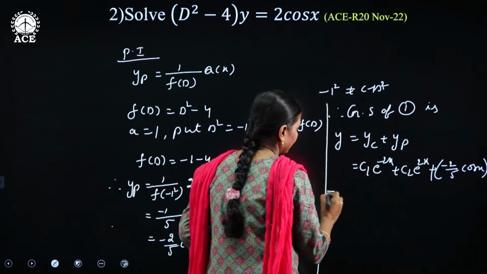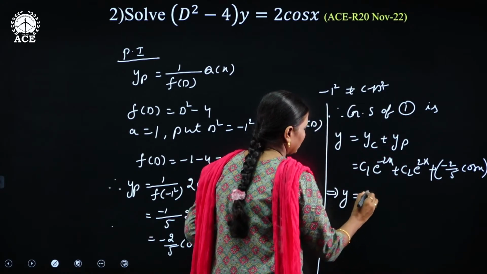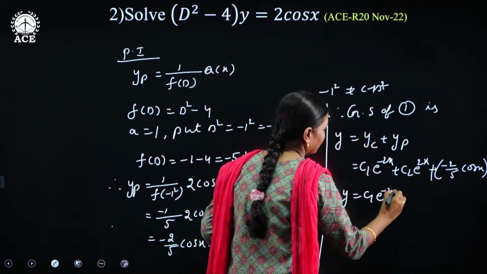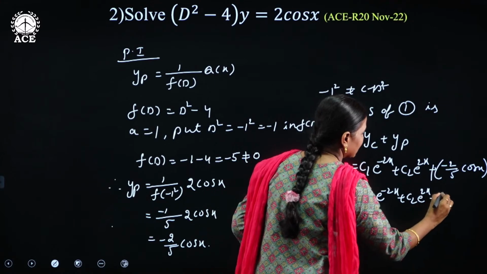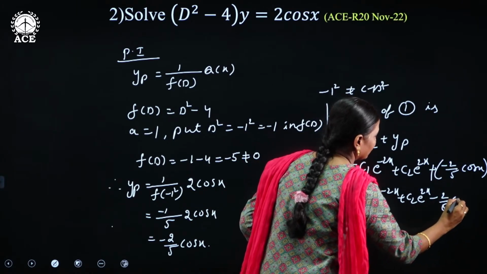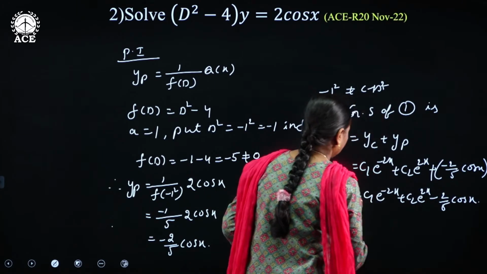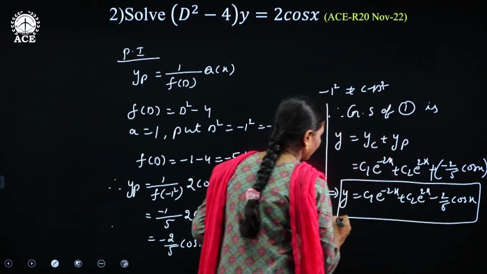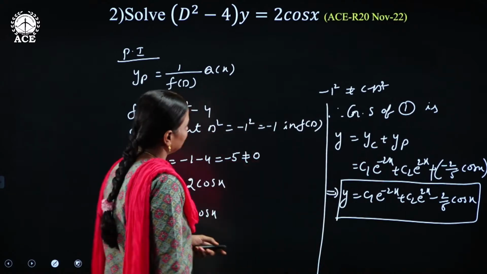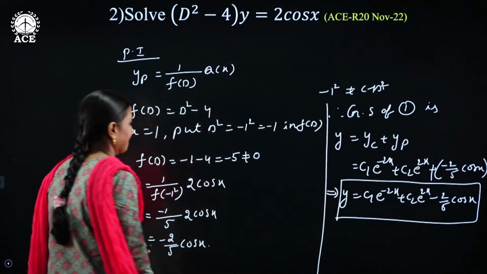Rewrite this one. That implies y is equal to c1 into e power minus 2x plus c2 into e power plus 2x minus 2 by 5 into cos x, which is the required general solution of the given differential equation. So, this is the solution.